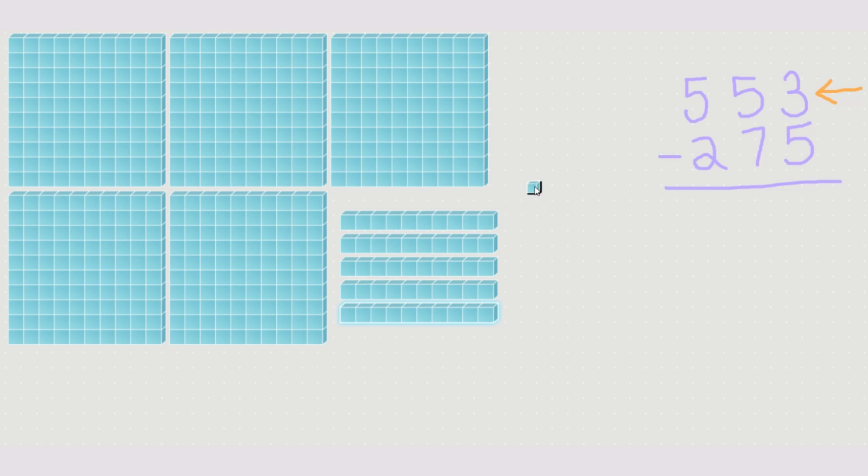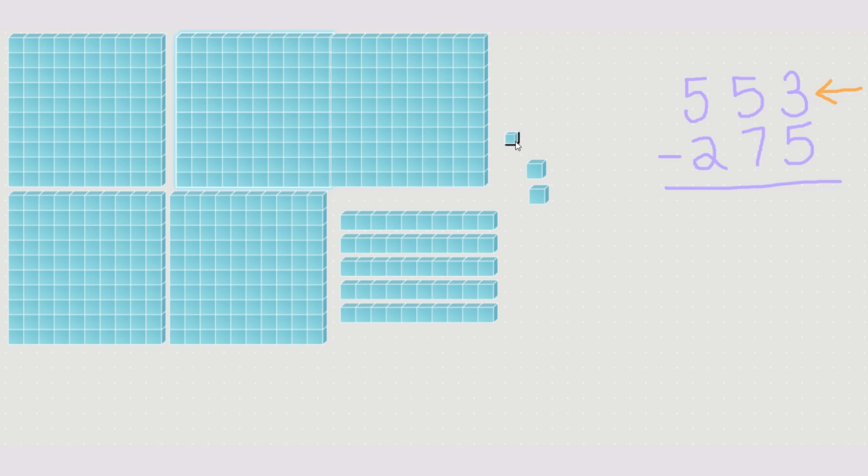So I'm going to put in 3 ones cubes. Now I have built 553. 100, 200, 300, 400, 500, 510, 520, 530, 540, 550, 551, 552, 553.